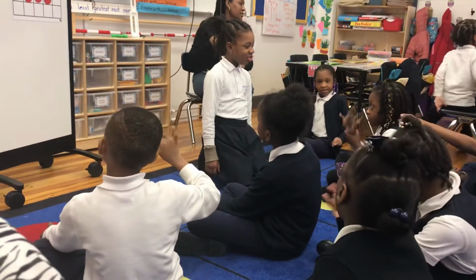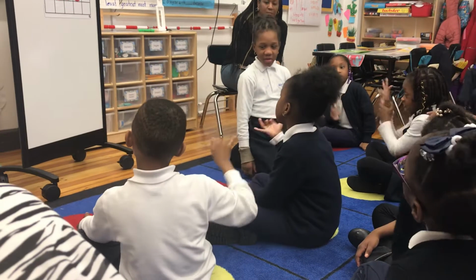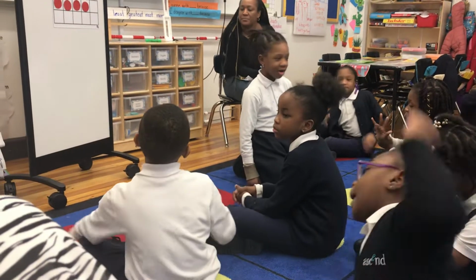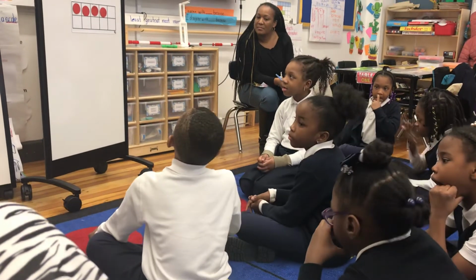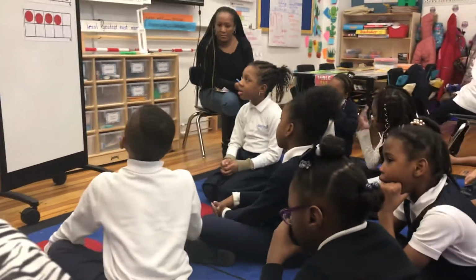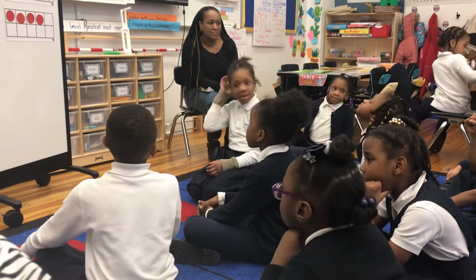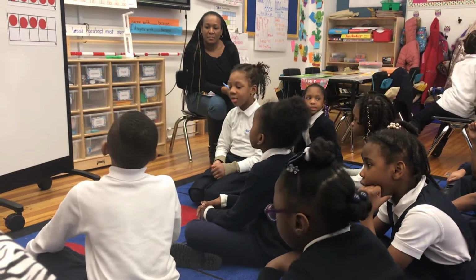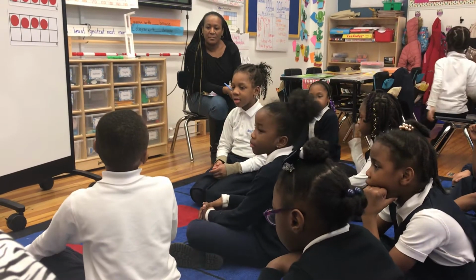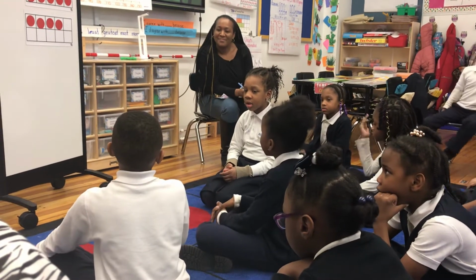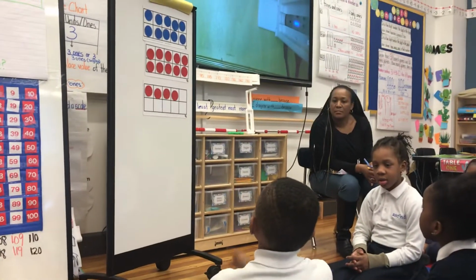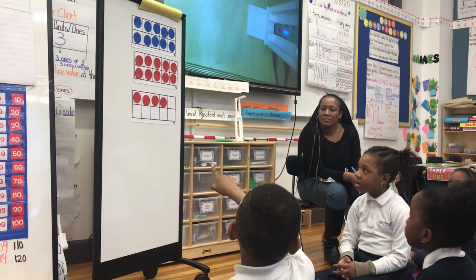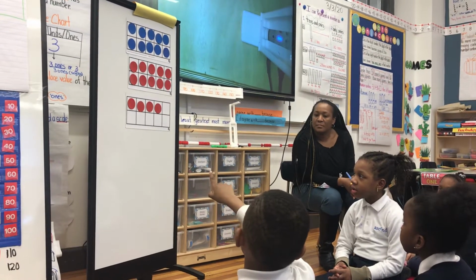Call on someone, Ayala. In 3, in 2, in 1. I agree with you, Diana, because I said the same thing, but in a different way, not by a 10, but I saw 2 rows of 5 on the top, and then another 2 5s there.